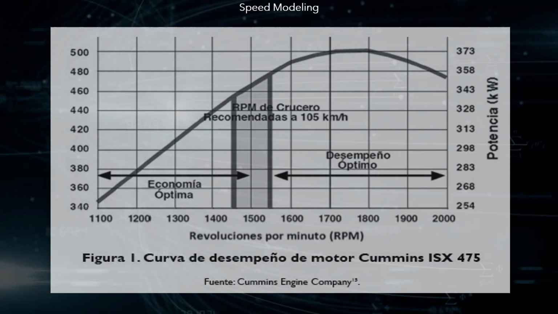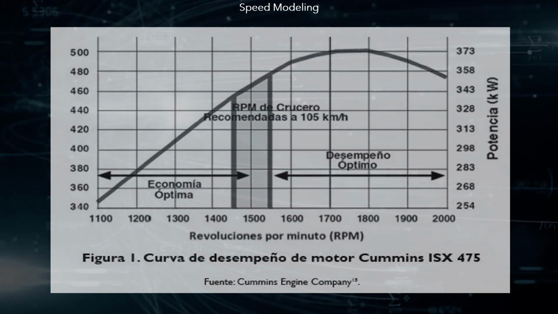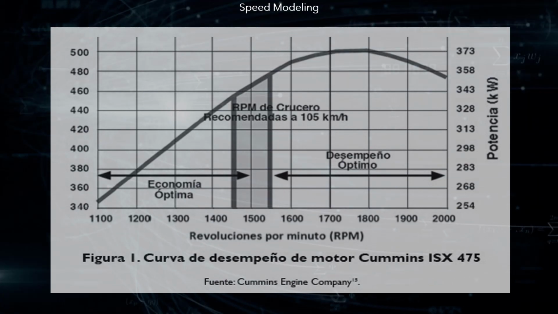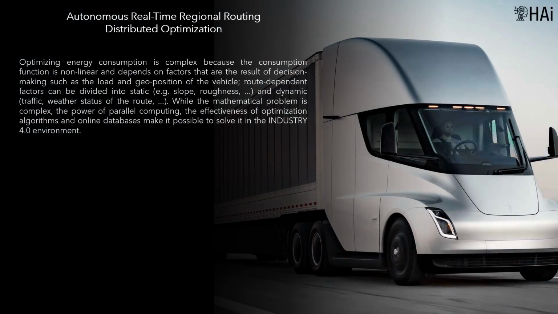As in any vehicle, the compromise between speed and economy do not move in the same direction. So, optimizing energy consumption is complex because the consumption function is not linear and depends on factors that are the result of decision-making, such as vehicle loading and geoposition. Route-dependent factors can be divided into static, for example, slope and roughness, and dynamic, for example, traffic and route weather.